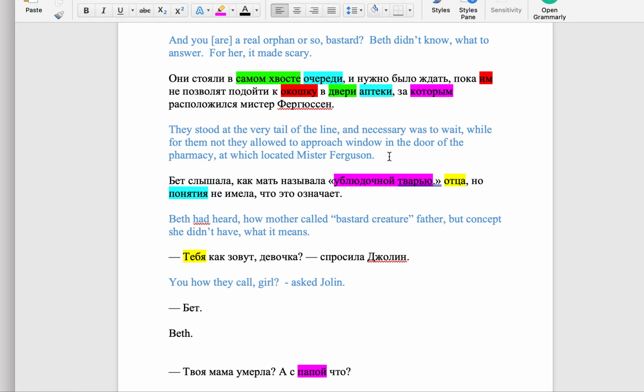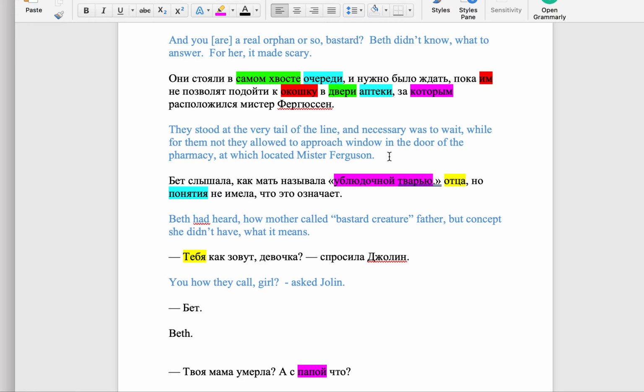And so, for example, позволят, that means they allow. So we don't conjugate verbs in the same way in English as verbs are conjugated in Russian. So whenever we see this word позволят, it means they allow and not just to allow, for example. В самом хвосте.